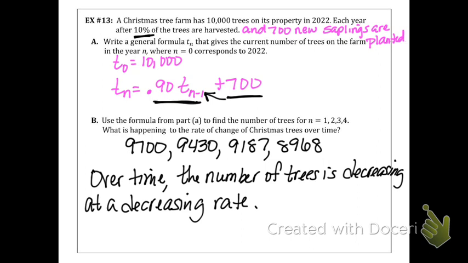Okay, so we know it's decreasing, but each time it's decreasing by a smaller amount. So what's happening is they're taking away a smaller amount of trees each year. So even though the number of trees is decreasing, if we graph this, it's going to be going down. But each year, it's getting a little less. Okay, so we'll talk about concavity later, so they're kind of building up on that right there.